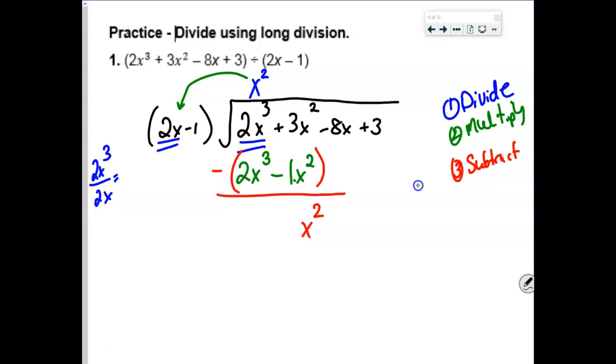I'm lost. What did I do wrong? I don't know if you messed up. What I have in green here, is that what you're questioning? X squared multiplied by this is what I'm writing in green.